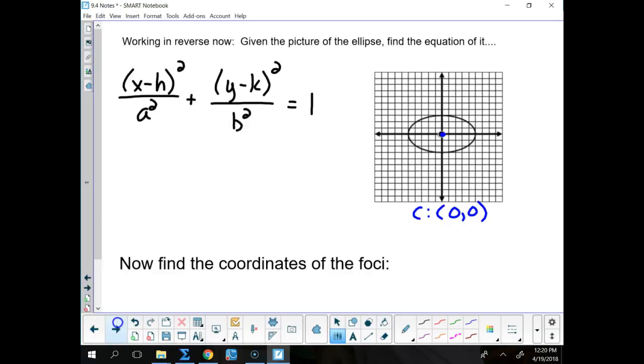Okay? So that tells me now then that x minus, y minus, that's a 0, that's a 0. Yes? Okay.